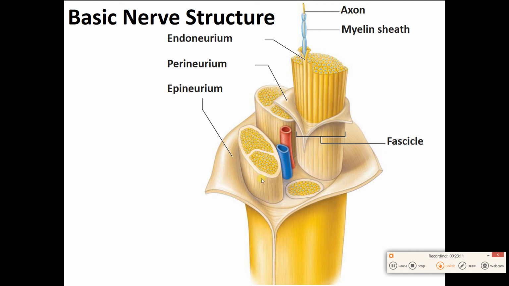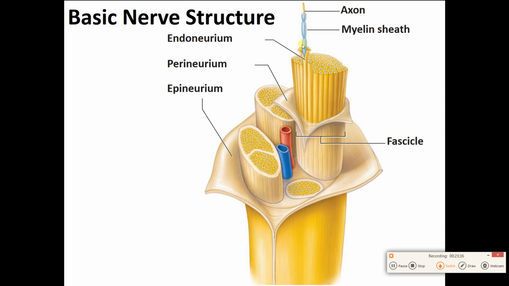All of these yellowish cylinders with the little blue interior are representing our axons. The single axon is actually really skinny. You don't even see the single axon when you're looking down here. The blue represents the Schwann cells that make up the myelin sheath.